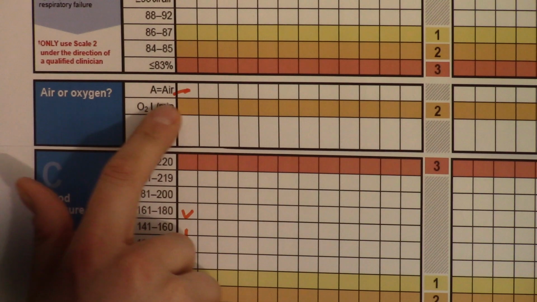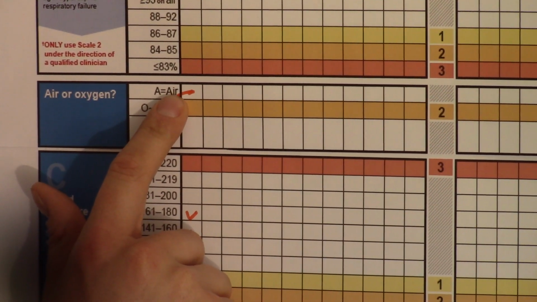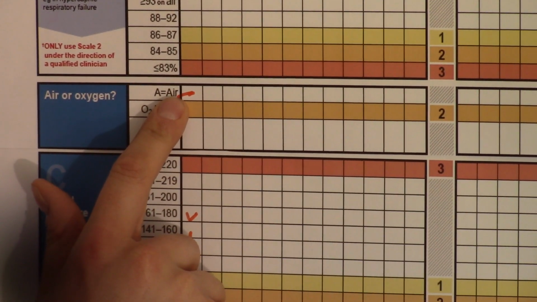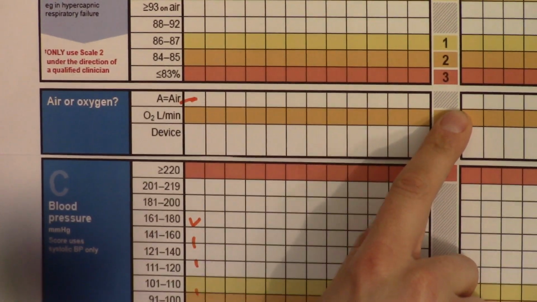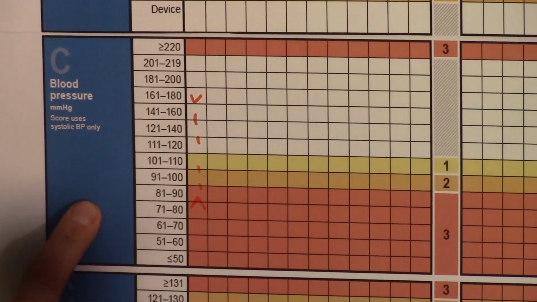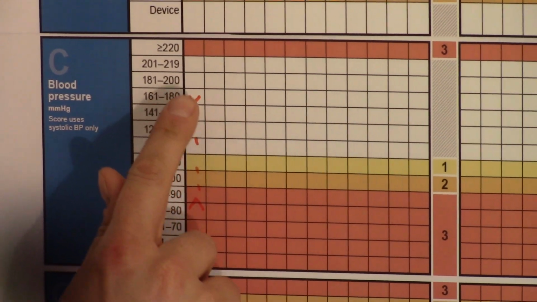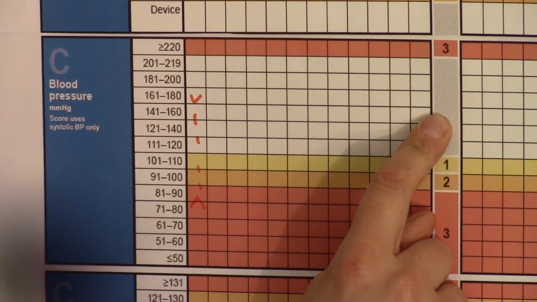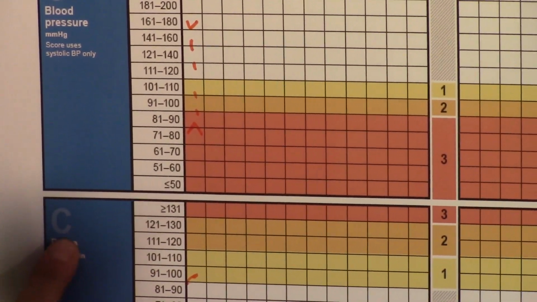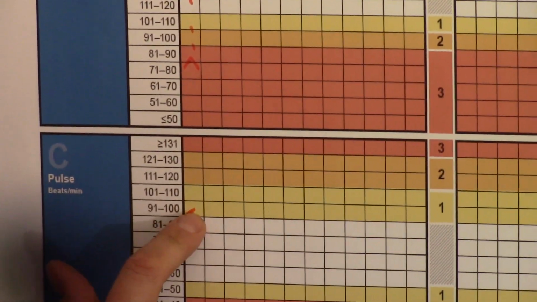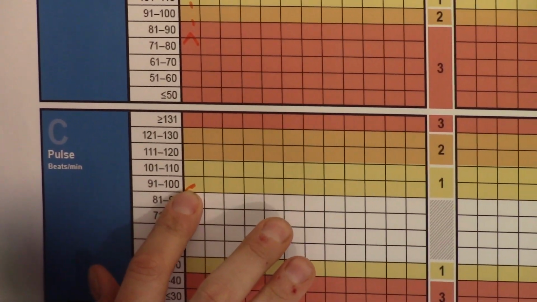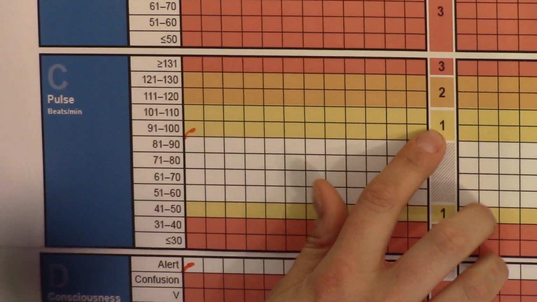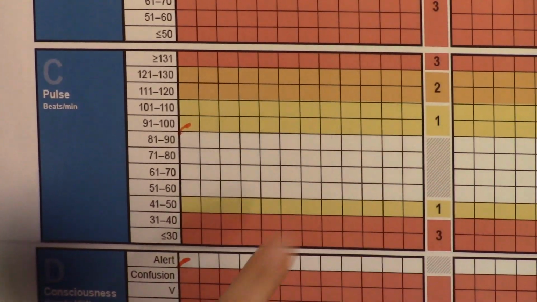The gases he's breathing from the air, no score. Now we're down to circulation, so this is blood pressure. Systolic is 181, no score. Coming down, still within circulation, pulse, we said 101, 2, something like that. Come across, he scores a 1 there, okay?